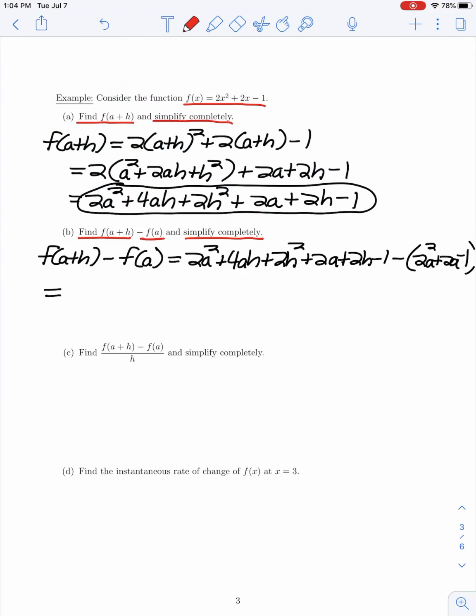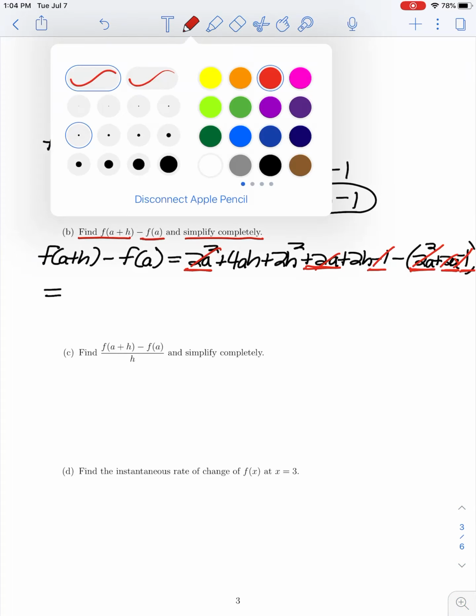Certain terms cancel, namely our 2a squared and then our minus 2a squared will cancel. We had a plus 2a, and then we are subtracting 2a, so our plus and minus 2a cancel. And then our constant, this negative 1 on the end, and then we were subtracting a negative 1 or adding 1, so those constants cancel.